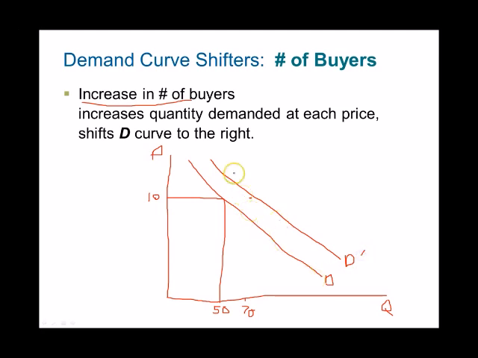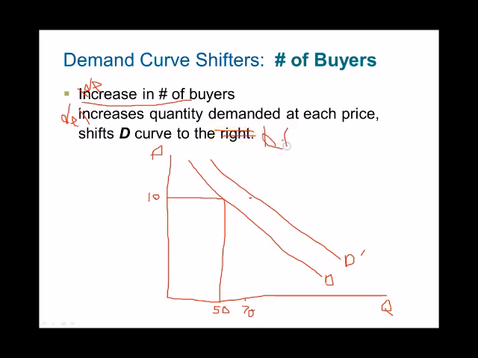On the other hand, if there's a decrease in the number of buyers, that will decrease the quantity demanded at each price, and it's going to shift the demand curve to the left.